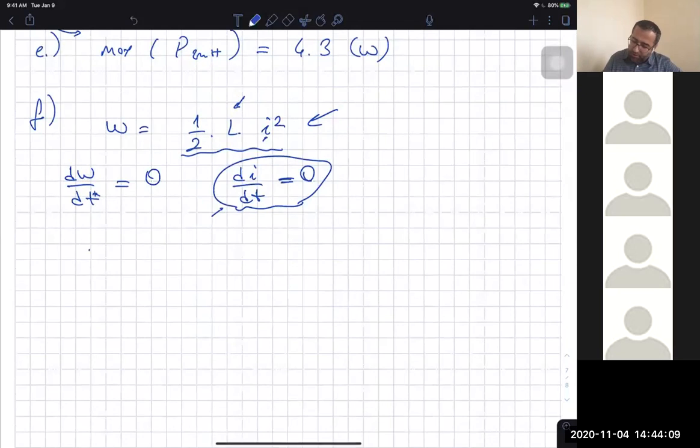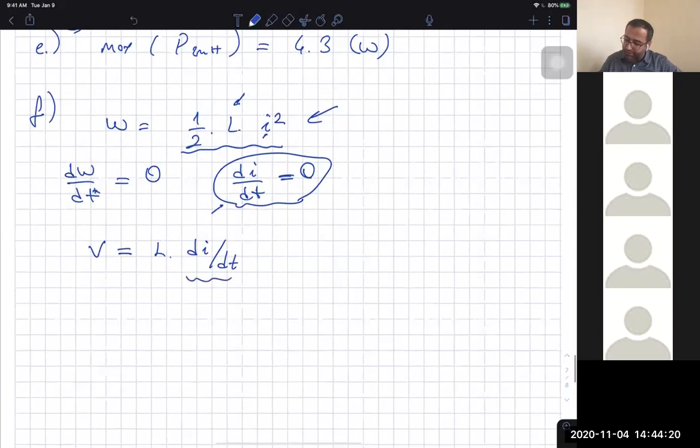If you remember the voltage equation, voltage is L times di/dt, right? So we are looking for the instant when this thing is equal to 0. Basically, we are looking for t star when voltage is equal to 0.